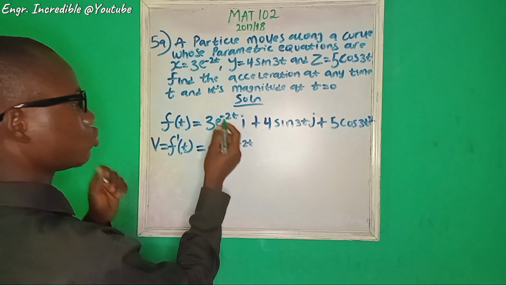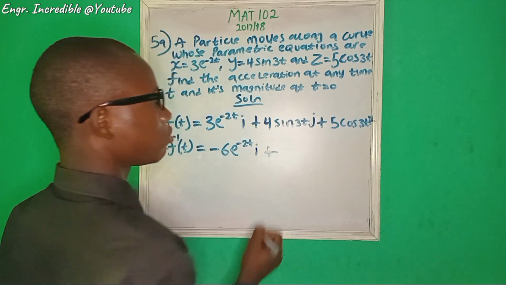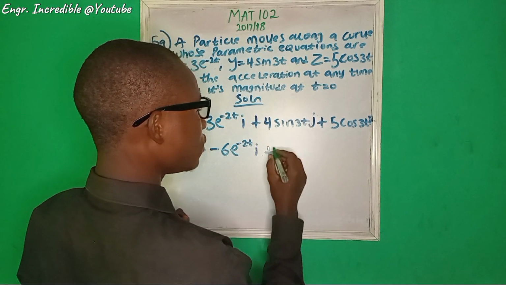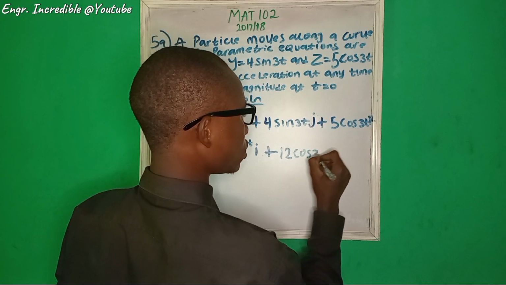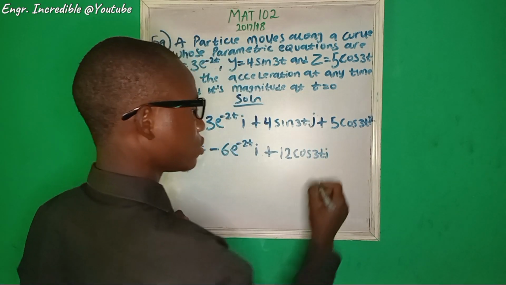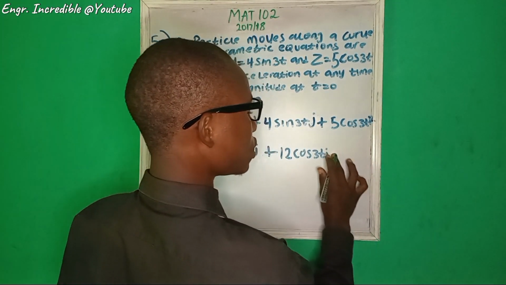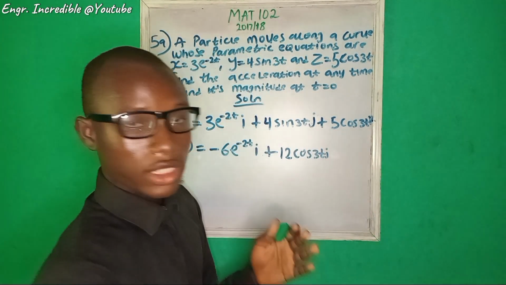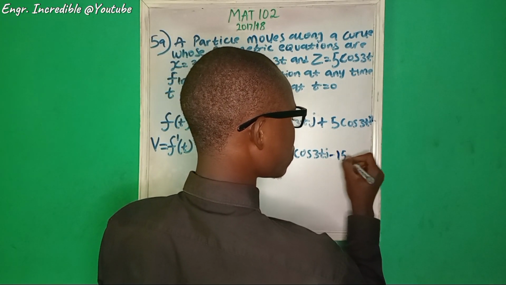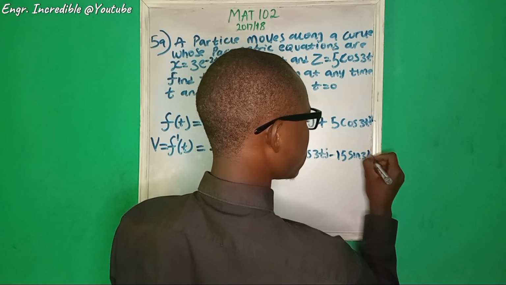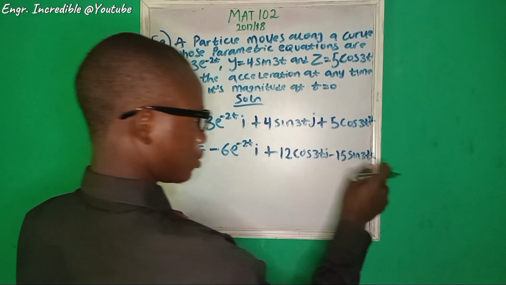We bring this minus 2 here, then the i will still be there, then plus, when we differentiate this one, we will get 12 cos 3t j, then plus 3 times 5, it will not be plus again, because the derivative of cos gives a negative sign, so we have minus 15 sin 3t k. Let's put it as a k function.